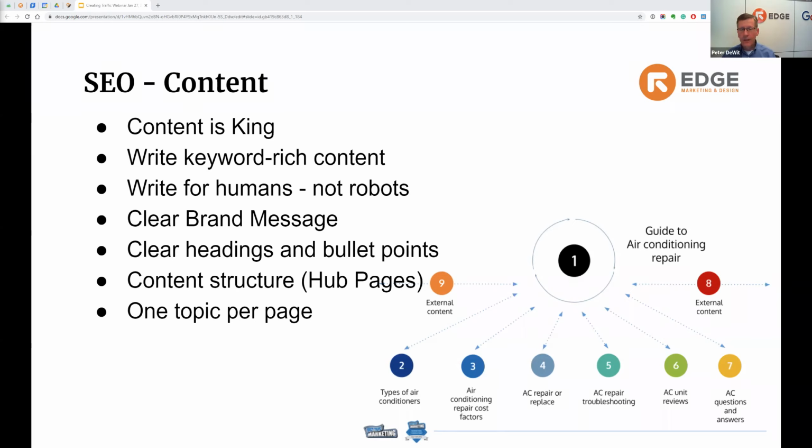So the first step is the content, and I think we've already established that it's more and more important now than ever before. Having good content, quality content that has valuable information, that is well structured. So again, very easy for people to find, and also very easy to find for Google as well.